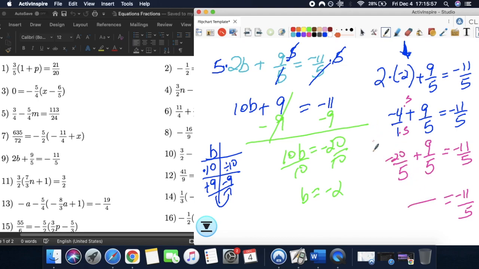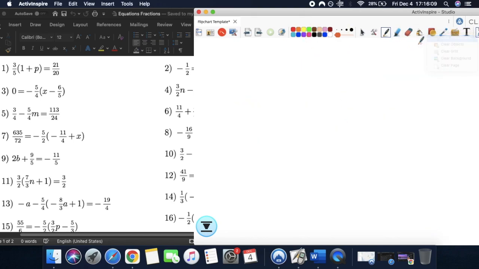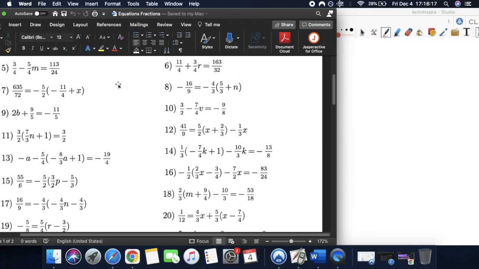We're adding, so we keep the denominator. Add the numerators. Negative 20 plus 9 is indeed negative 11. And you can tell left and right side are the same. Okay. So far, I'm actually doing well. 9, so 5, 8, 9, and then in order 17. Okay, so let's look at 17.